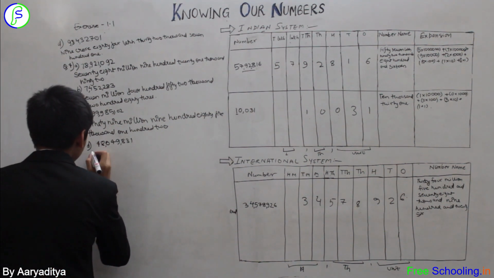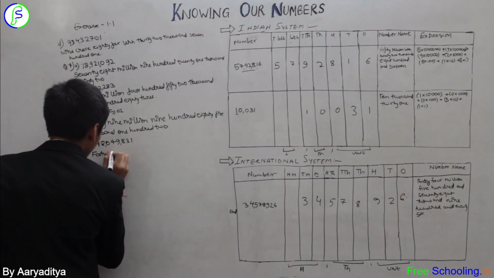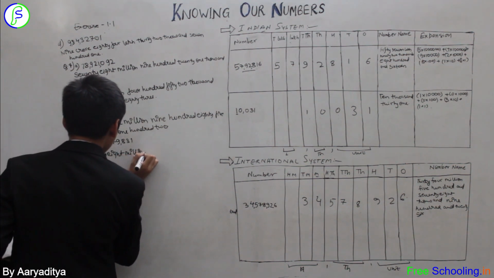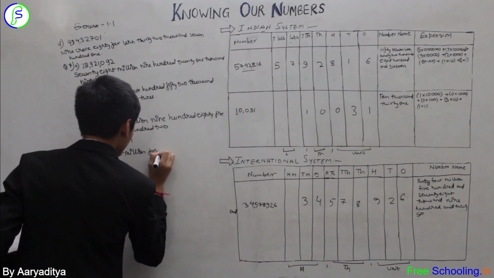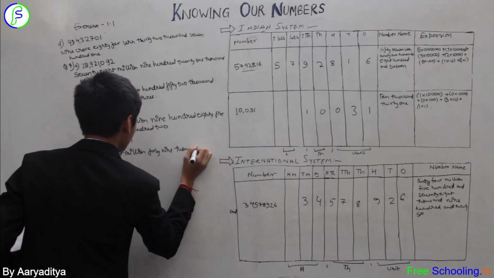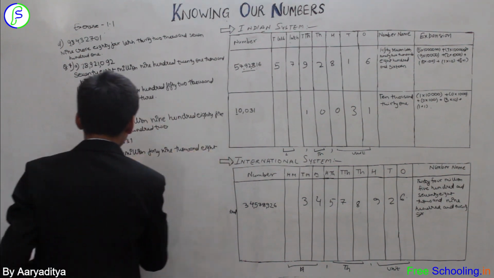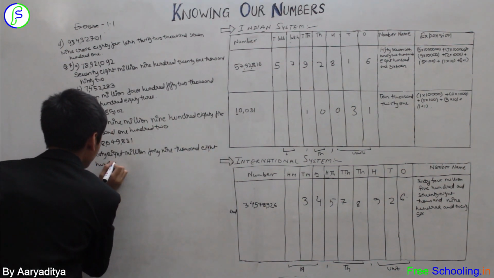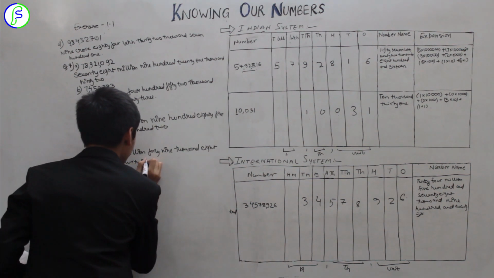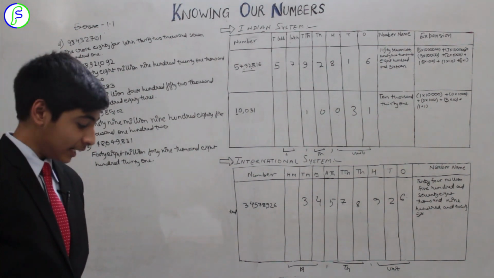Okay, let us name it. 48,049 thousand 831. So these were all the solutions to exercise 1.1.